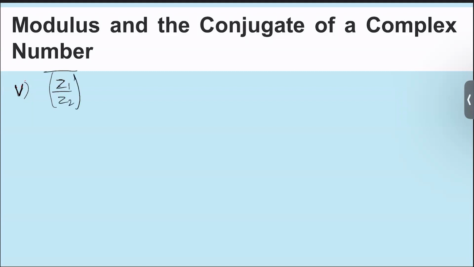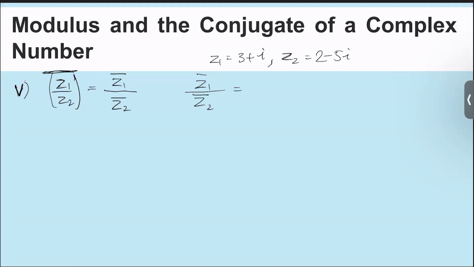The quotient or division will actually give you the division of the individual conjugates of the complex numbers. Okay, so since we have z1 equals 3 plus i and z2 equals 2 minus 5i, let's see. First, if we find z1 by z2, okay, so conjugate of z1 by conjugate of z2.